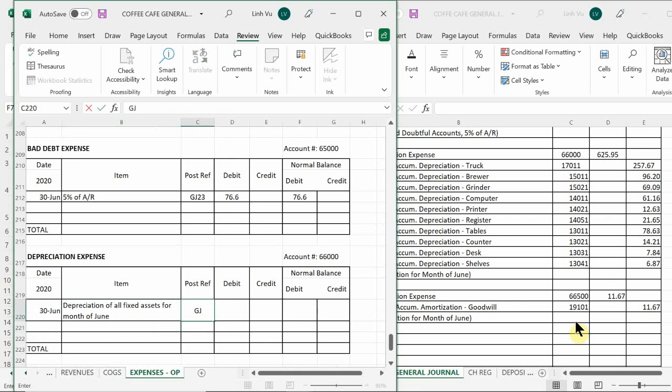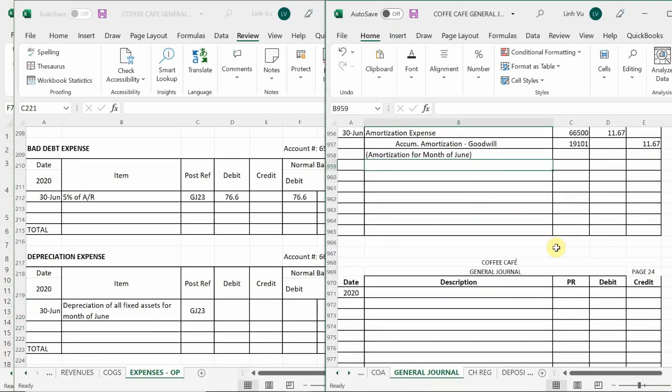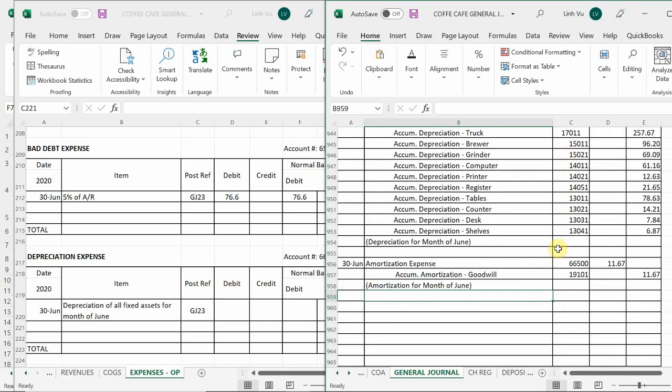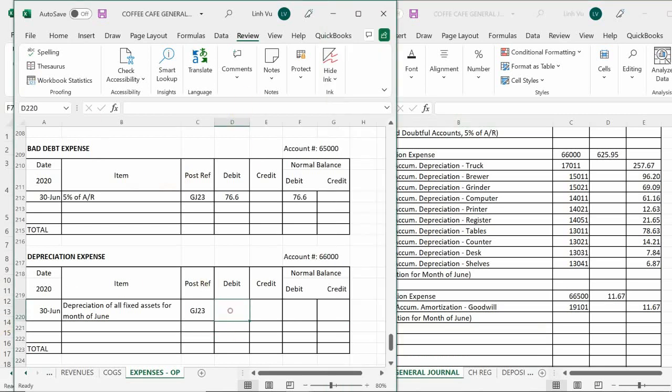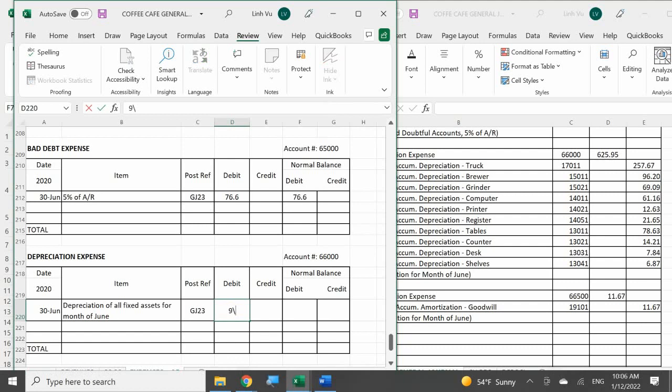General journal page, I think we're still on the 23rd. Yes, we are. Okay. So for the total amount of $625.95.